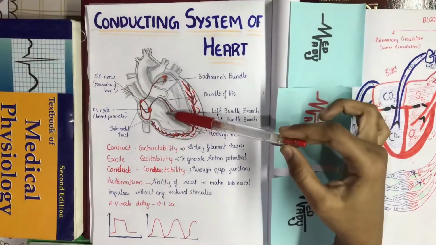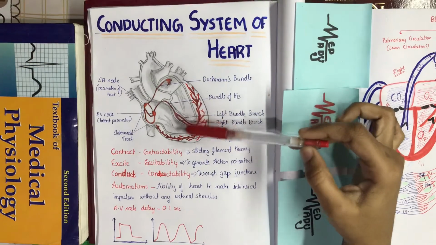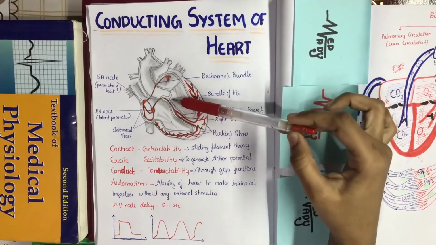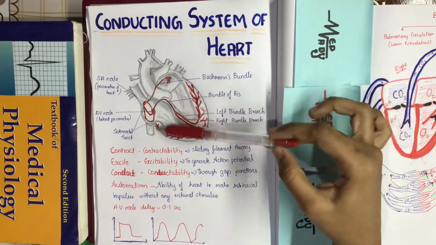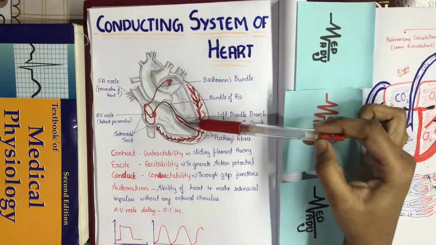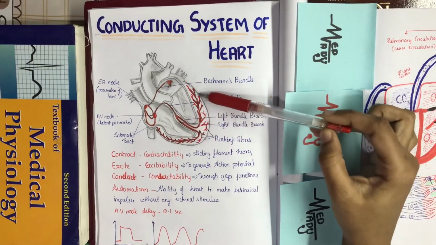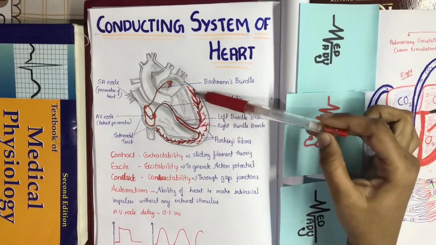The AV node is present on the lower side of the right atrium near the interventricular septum, and this AV node transmits the impulse to all parts of the ventricle. We can see the bundle of His, the left and right bundles, and at last the Purkinje fibers, which reach all parts of the wall of the ventricle.